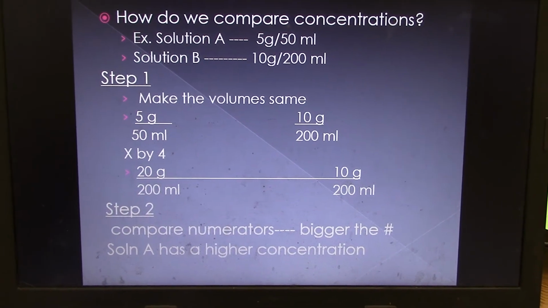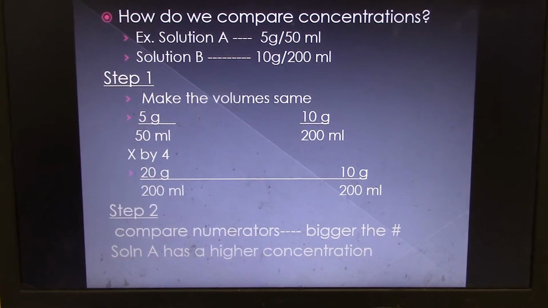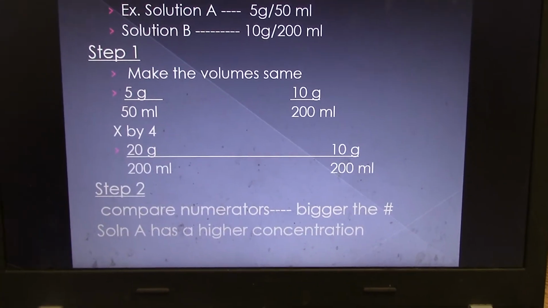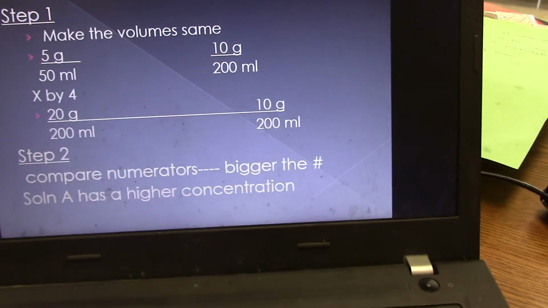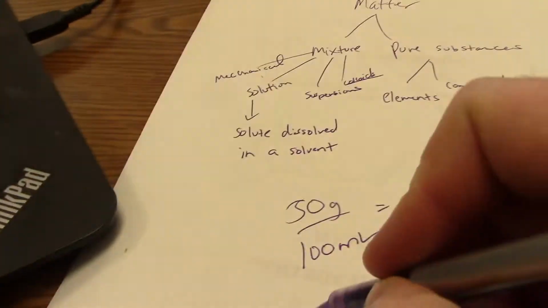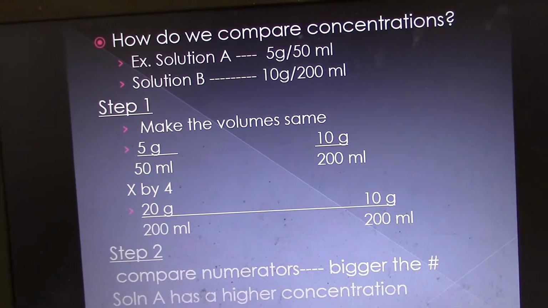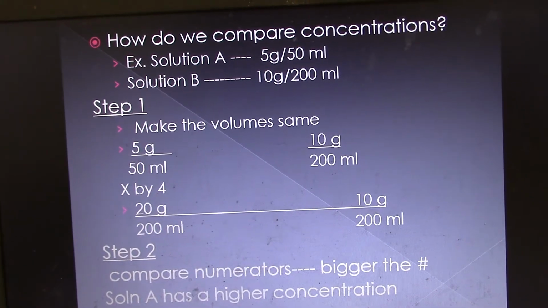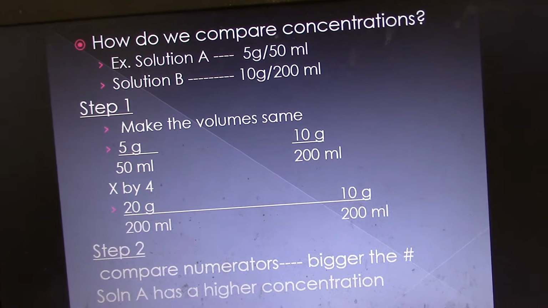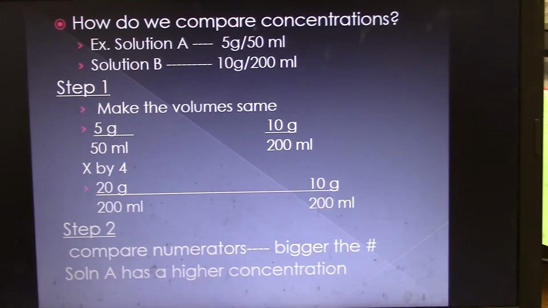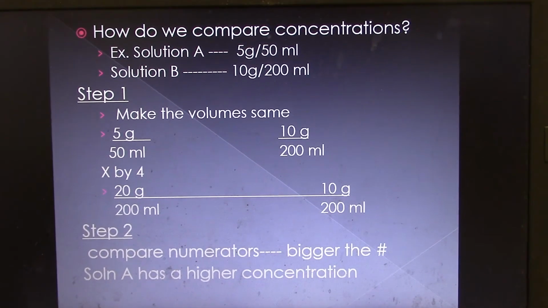You could do this if you wanted to, or you could just do the math. So here are my two examples: 5 grams per 50 mils and 10 grams per 200 mils.